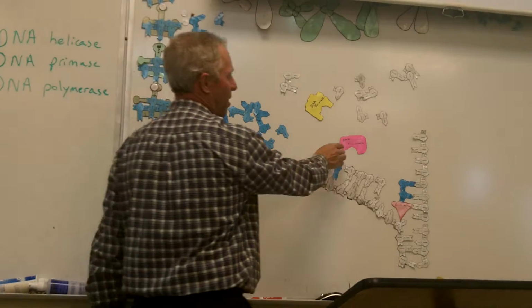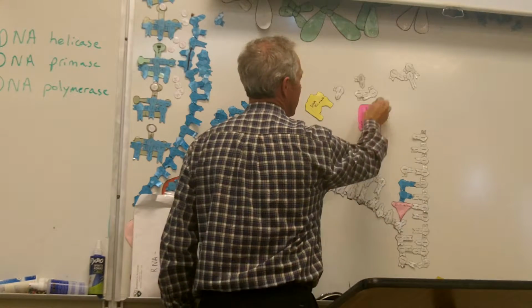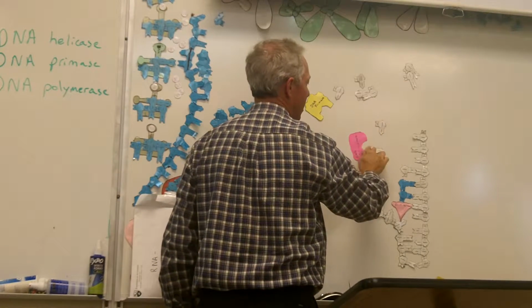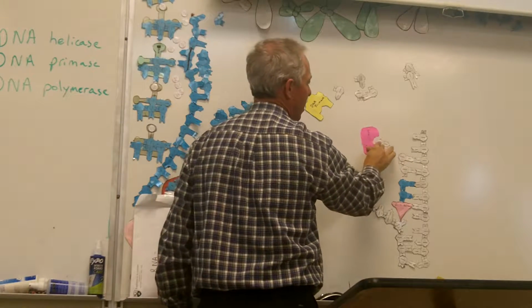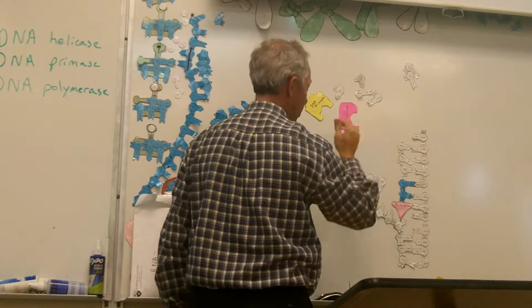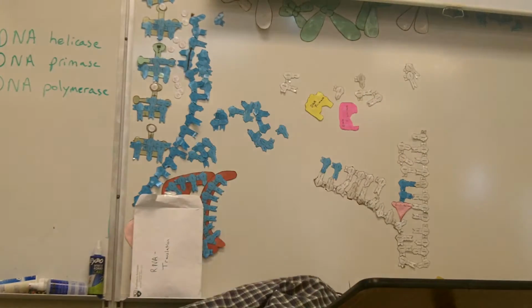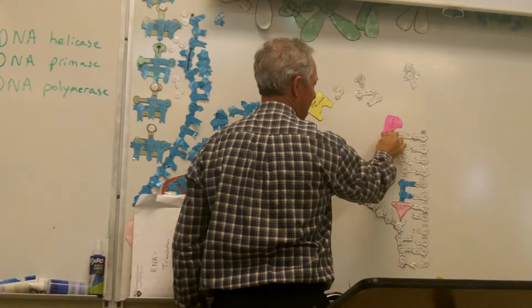Oh, and by the way, the polymerase does it on the other side too. Attach, grab, attach, grab, attach. I need one more. I don't have the right kind. Grab, attach.